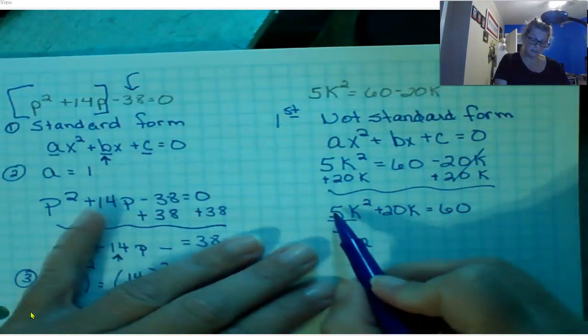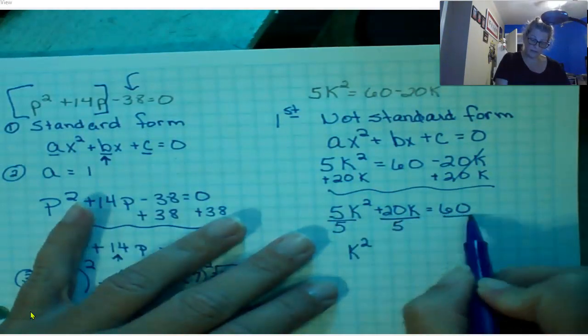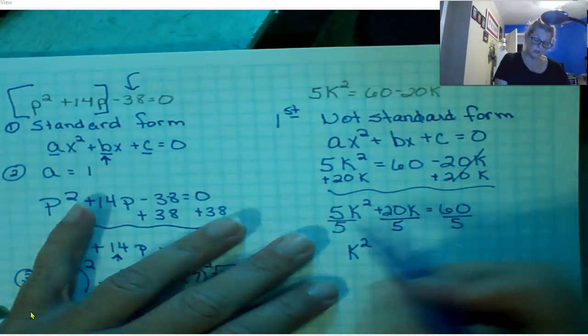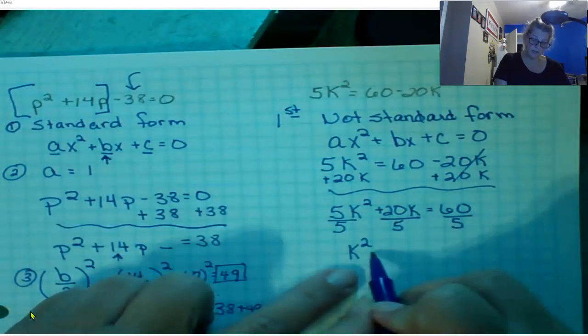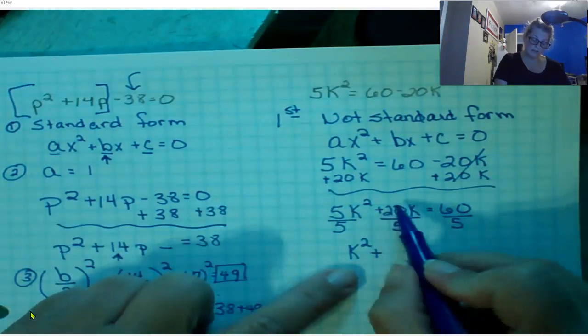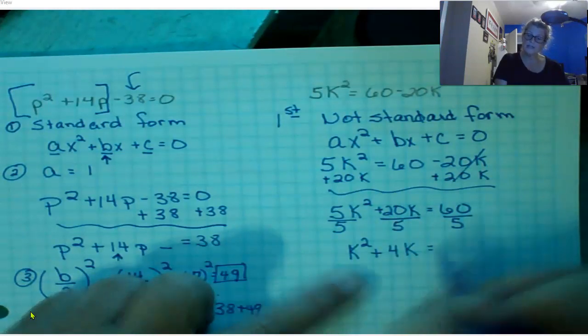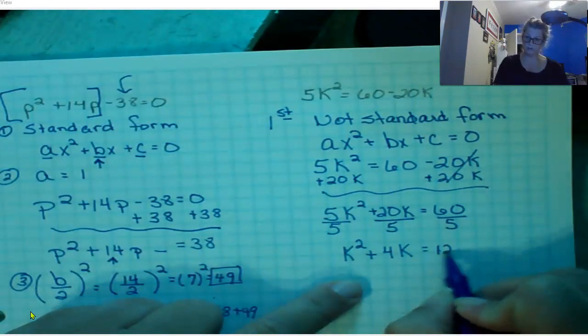But if I divide this by 5, I've got to divide everything by 5. Remember, we're trying to keep everything balanced. So 5 divided by 5 is 1k squared, plus 20 divided by 5 is 4k, equals 60 divided by 5, which is 12.